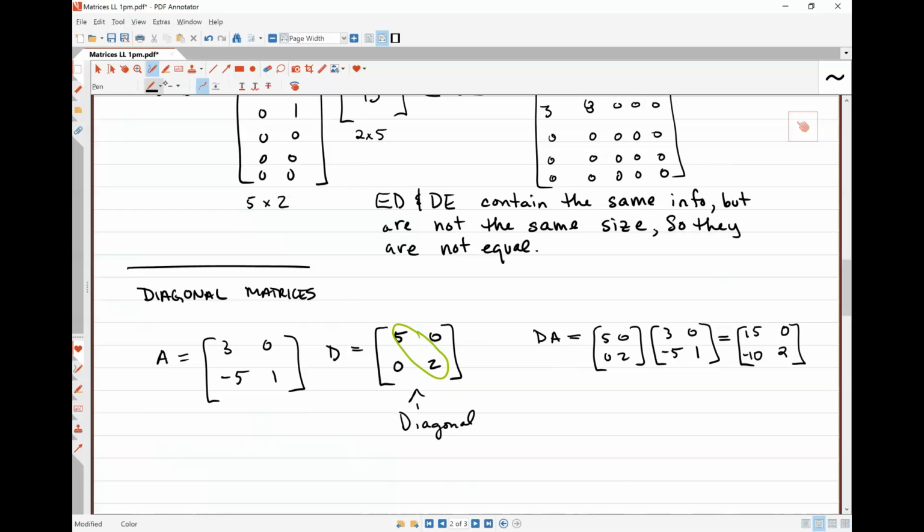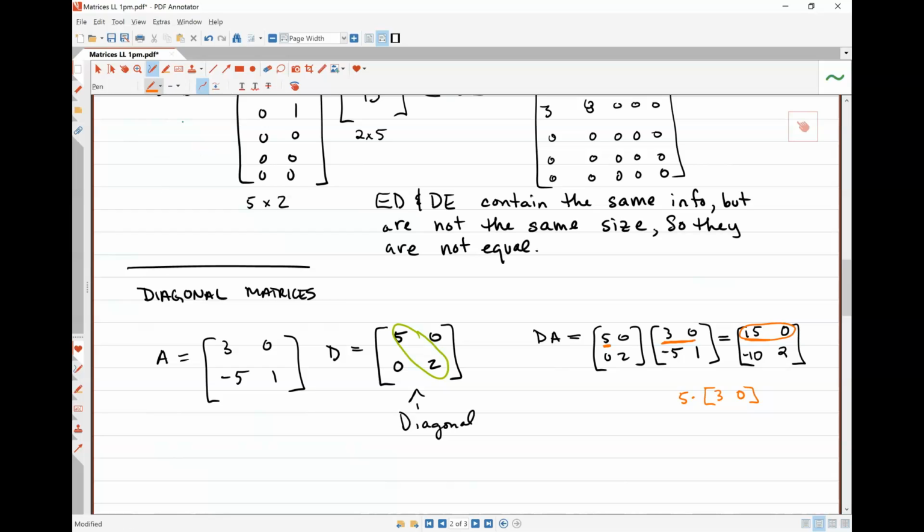Okay, so after multiplying this out and upon a little reflection, you might notice that this is 5 times 3, 0. We're just taking this number and doing a scalar multiple of that top row.